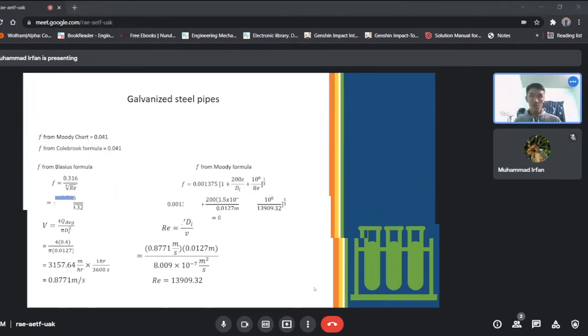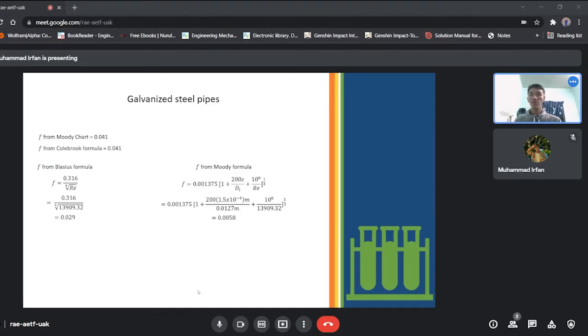After that we can find the value of f, the friction coefficient, from the Moody chart, and we get 0.041. From the Colebrook formula, we also get 0.041. From the Blasius formula, we get 0.029, and from the Moody formula, we get 0.058.